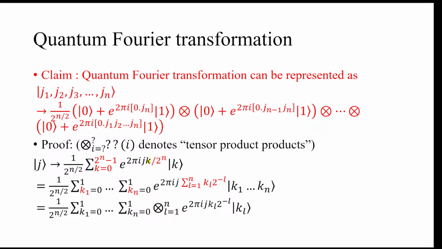Anyway, this summation over k, k from 0 to 2 to the n minus 1, you can just sum over each individual bit. Each individual bit is 0 or 1, and that's the same thing. And then we also need to break this k here, which appears as k divided by 2 to the n.